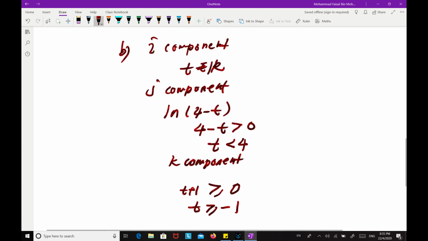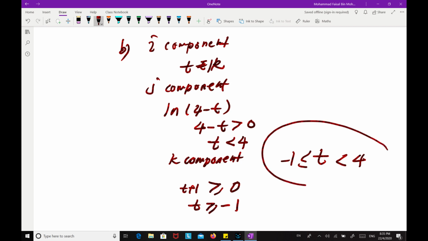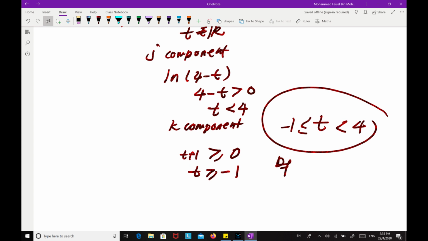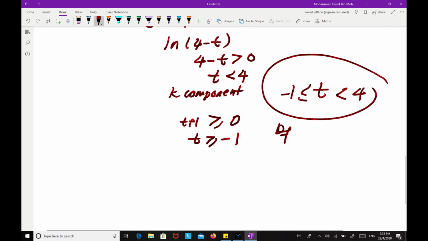Okay, so if you merge all of this, you will get -1 less than or equal to t less than 4. Okay, this is your domain. Or you can write as above like this. Okay, it's up to you.